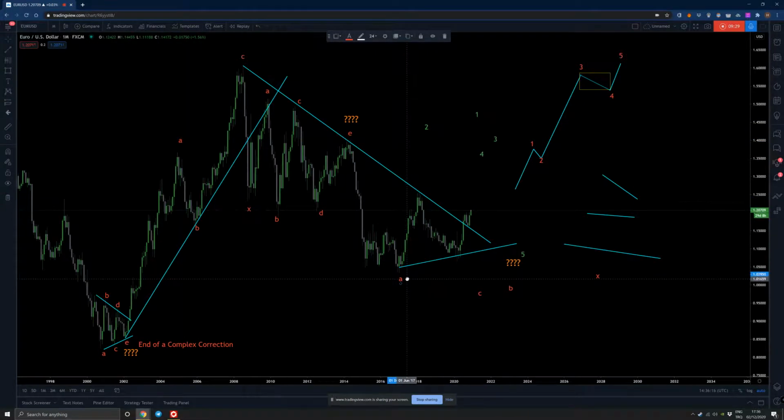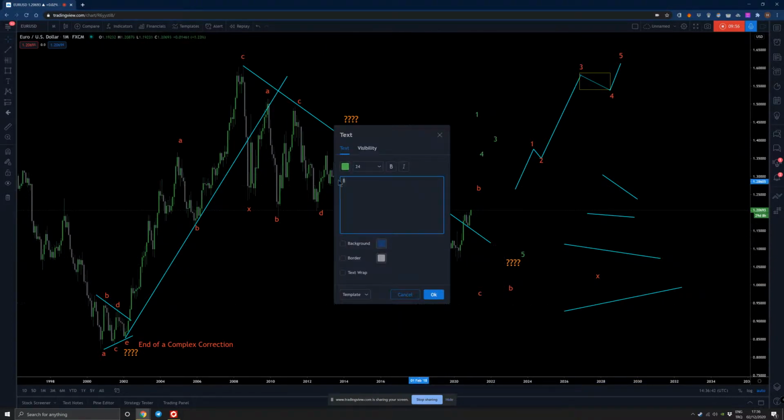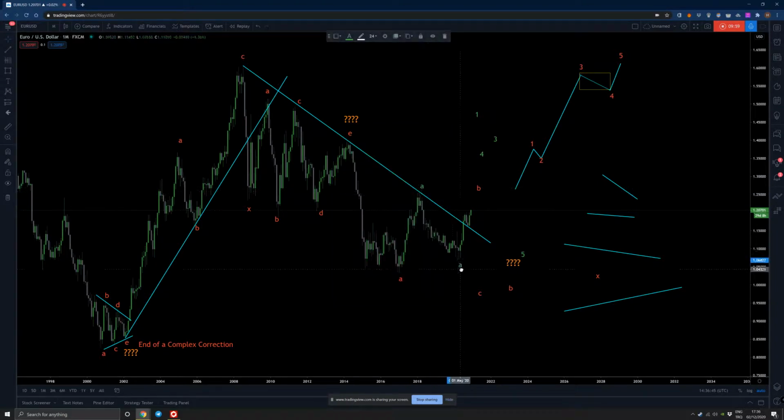If that's the scenario that you are willing to take, then you would put probably your wave A here, and maybe you're thinking, now we are in a wave B somewhere. Maybe this is the B wave and this is the first part of the C wave, but I don't think that's the case. So we may be on the B wave, and then of course this doesn't make sense anymore, and we just did only wave A. I'm sorry, wave A, and wave B. And now we will make a C wave.